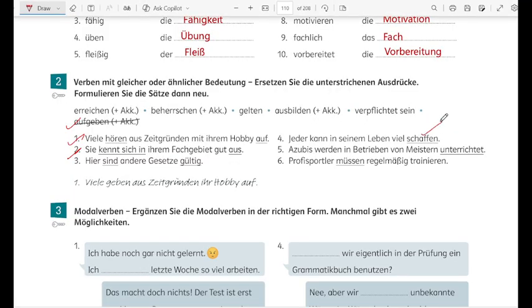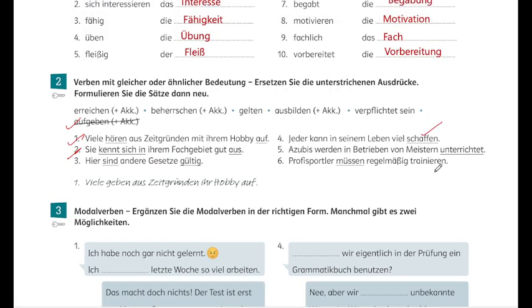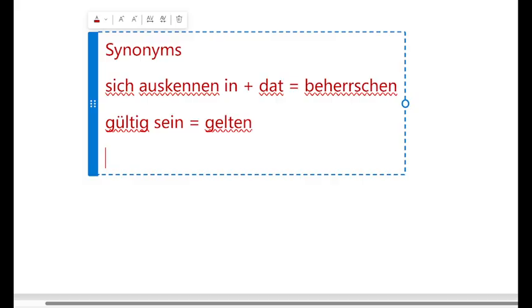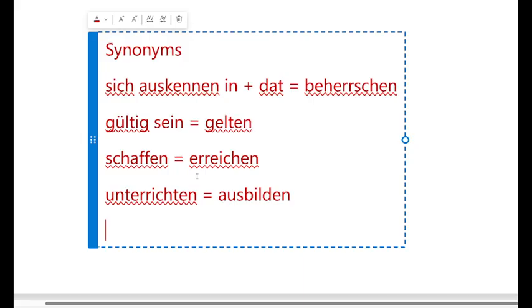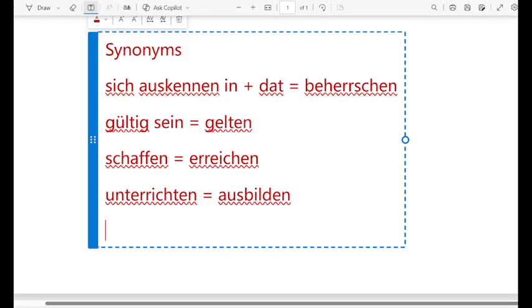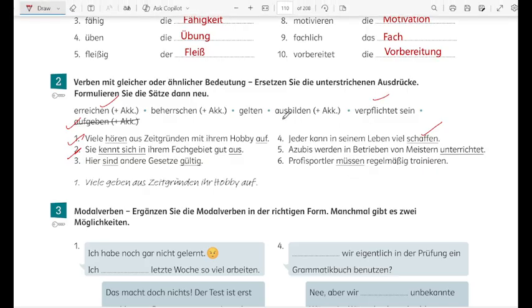Next is schaffen. Schaffen is about managing something, that is erreichen. Okay. Next we have unterrichten. Ausbilden. And last we have, I think there is müssen. So müssen we can replace it with verpflichtet sein.